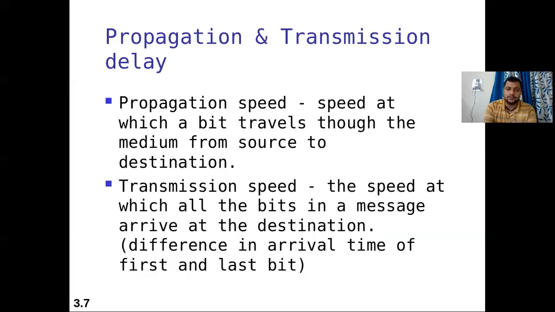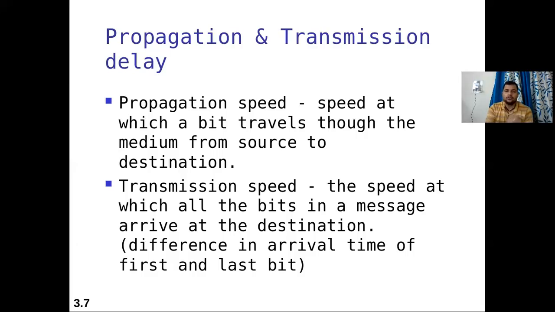Transmission, you know, transmission. In another way, how can you understand the transmission delay? Propagation delay you understand, because that depends on the distance upon the speed of the signal: the distance between source and destination divided by the speed of the signal. In what other way can we understand the transmission delay?